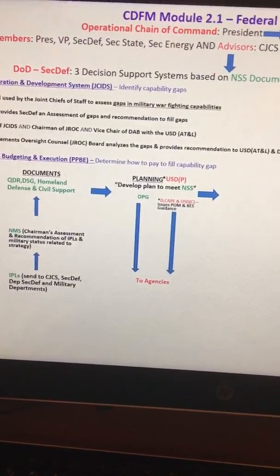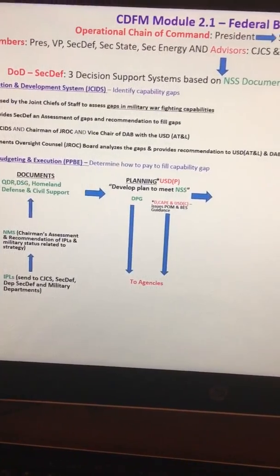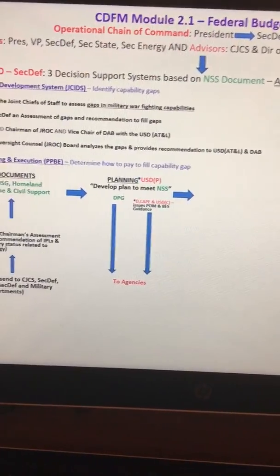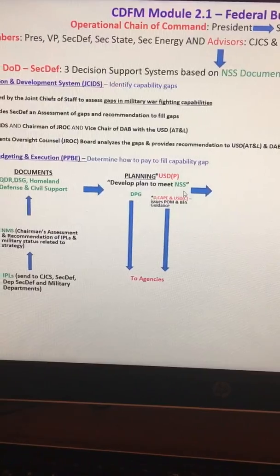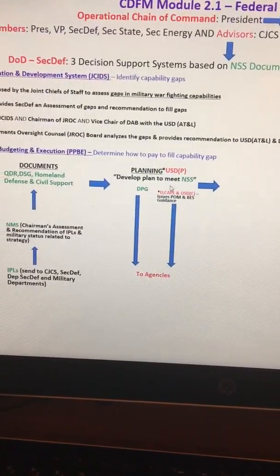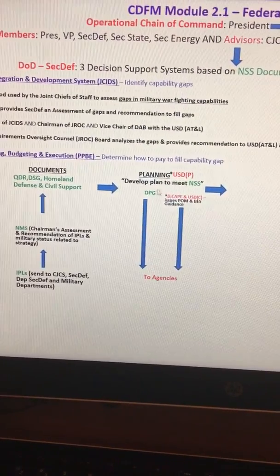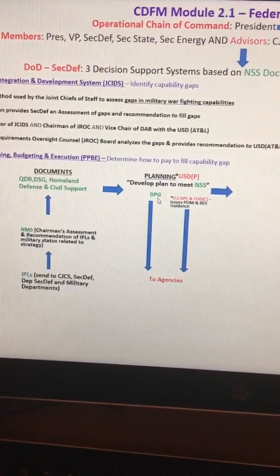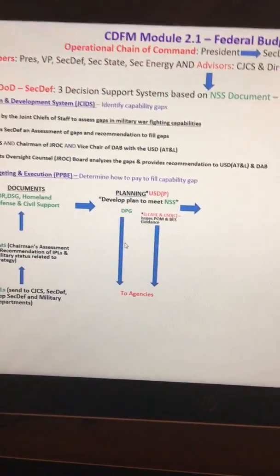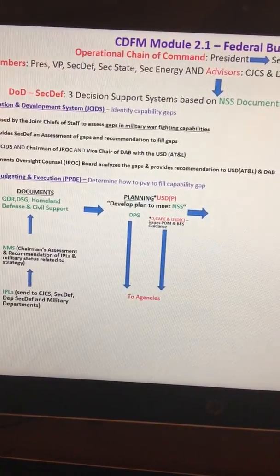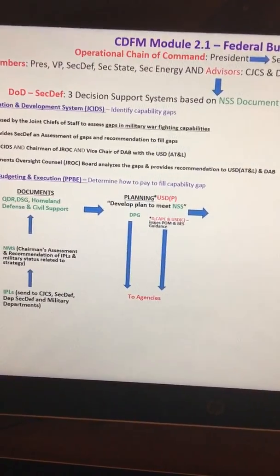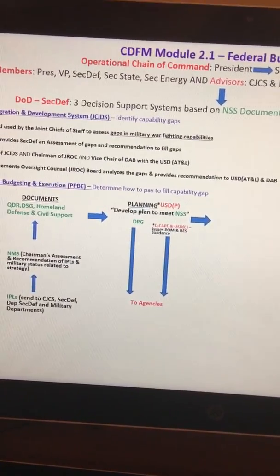The planning phase is where you develop the plan to meet that national security strategy. The DoD, once its plan is complete, will issue a Defense Planning Guidance, or you may see it called the Defense Planning and Programming Guidance, DPPG.